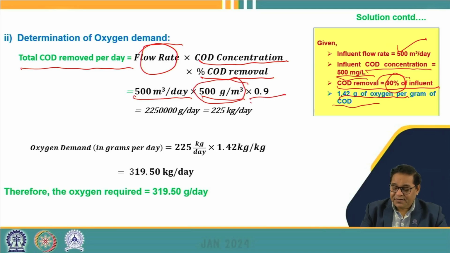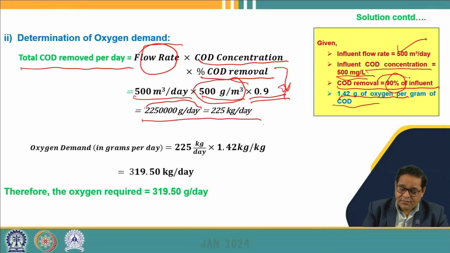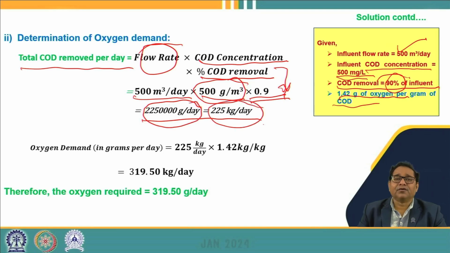Then 90% of this COD is removed, so we have kept the percentage COD removal as 0.9. Calculating this, we get the value first in gram, and then converting to the bigger unit, it comes to around 225 kg per day. So this is how much COD is removed.